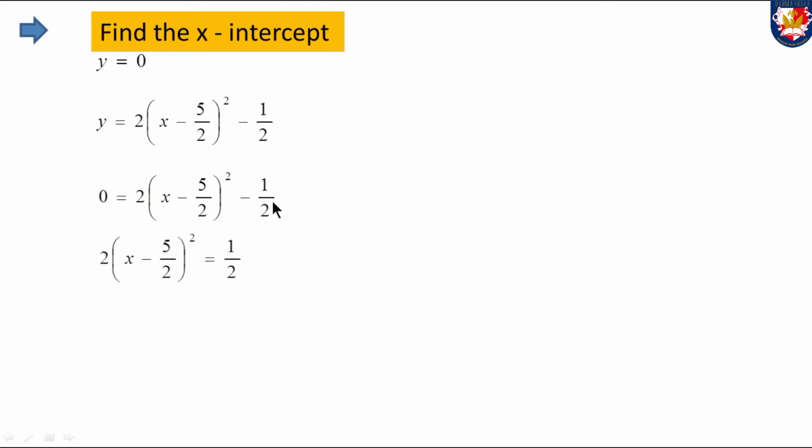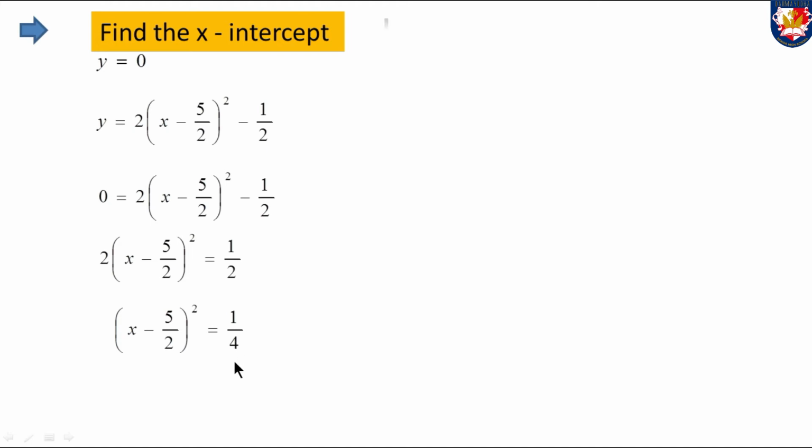So we move negative 1/2 to this side, it becomes positive. Then we divide each side by 2, so it becomes this equation. This one divided by 2 is 1, and this one divided by 2 is 1/4.